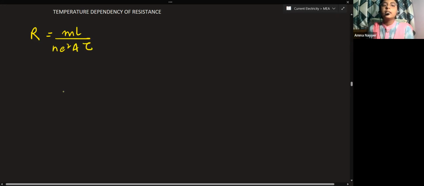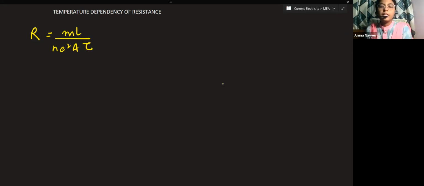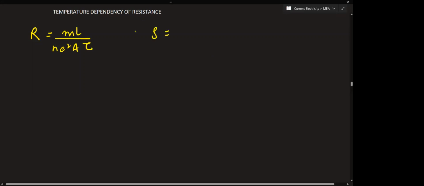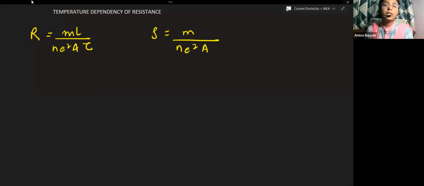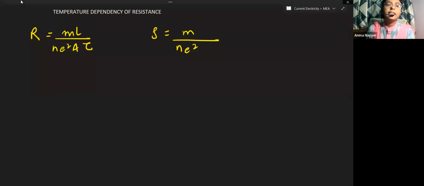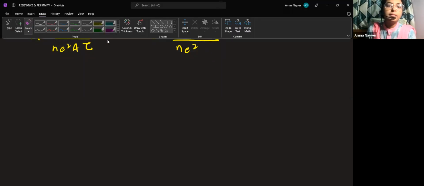Good, Khalid. This is of resistance. Shravya, you tell us the formula of resistivity. M by ne square tau. Good. Only L and A get eliminated. Instead of A, you have tau. And e square, just eliminate L and A.